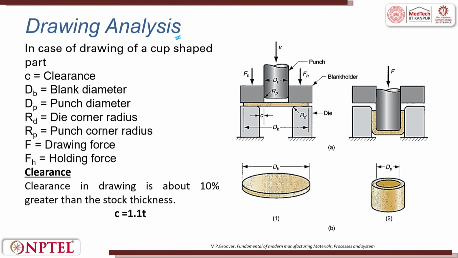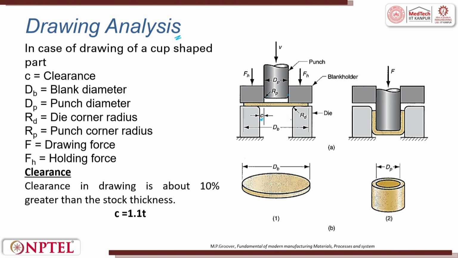So, here we will try to do a drawing analysis. In case of drawing a cup shaped part, you cannot have the punch diameter equal to the die diameter. If these two are equal, then when it is bending, you will not have enough space for the blank to bend. So, there is always a clearance which is given.